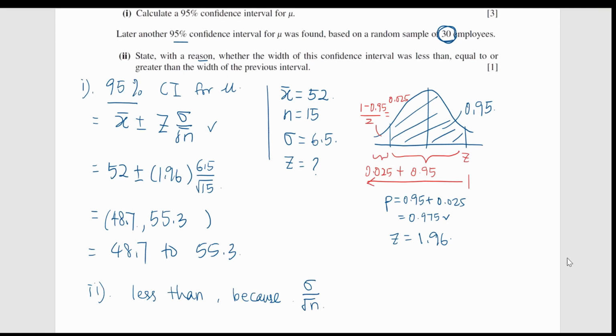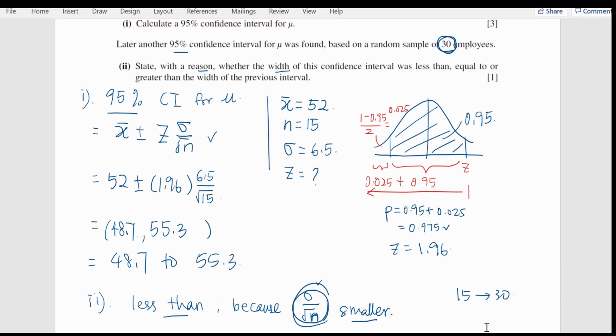When the sample size from 15 increased to 30, that means the value n here is bigger, and simply means this is going to be smaller. So if this value is smaller, then your confidence interval will be narrower, or less than. Right, the width will be smaller. So that's why the answer is less than, because of the sample size increase. And this value, the standard error, will be smaller.